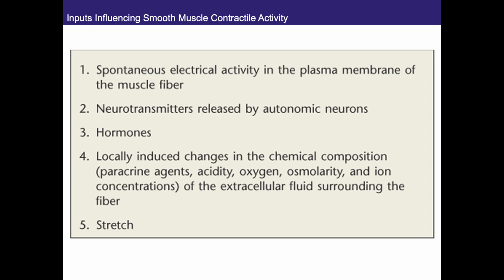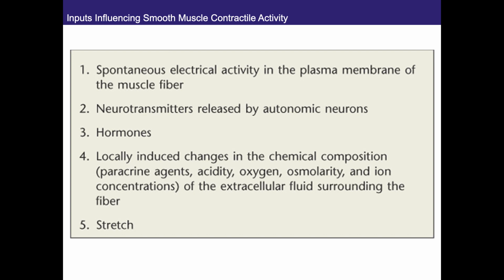Also, hormones are important. We're going to get to kidney, and we're going to be talking about vasopressin, which you can imagine causes contraction, or angiotensin, another hormone that causes contraction. You don't need to memorize that. Just know that hormones can play a part in smooth muscle contraction as well.